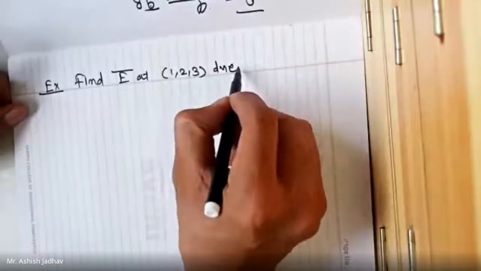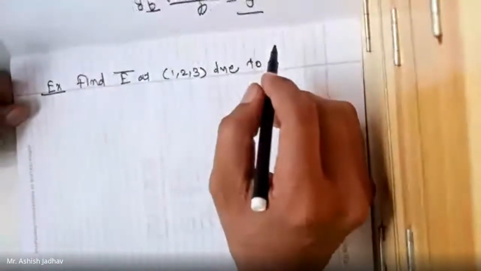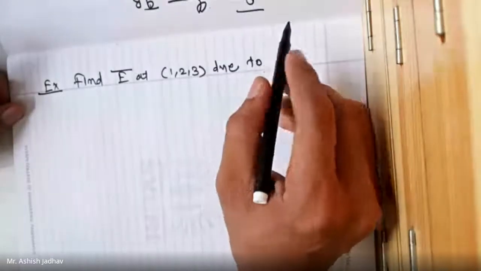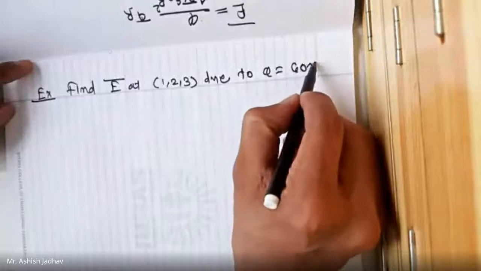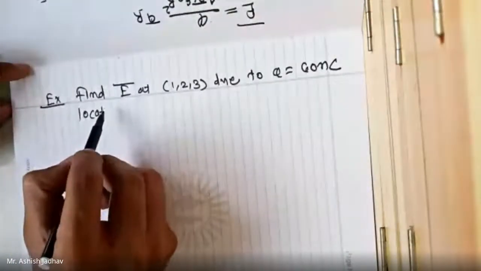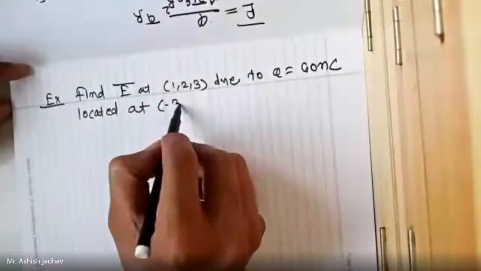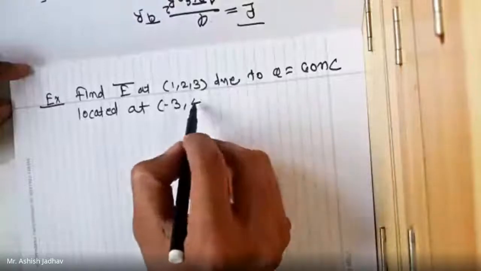I'm using the same point again. Find E bar at 1, 2, 3 due to Q equal to 60 nanocoulomb, which means 60 into 10 raised to minus 9 coulomb, located at, let's say, minus 3, 4, minus 2.